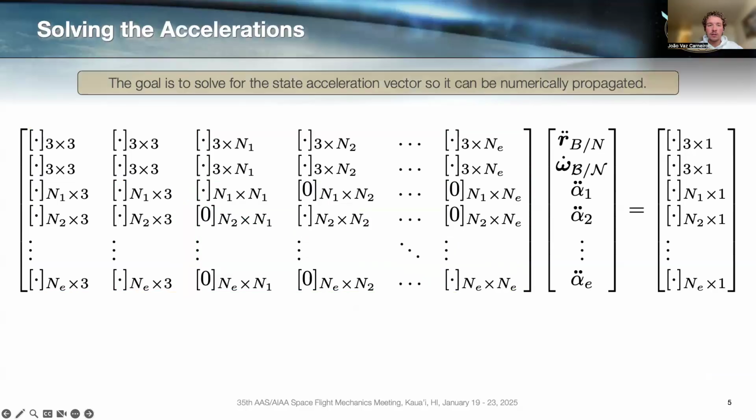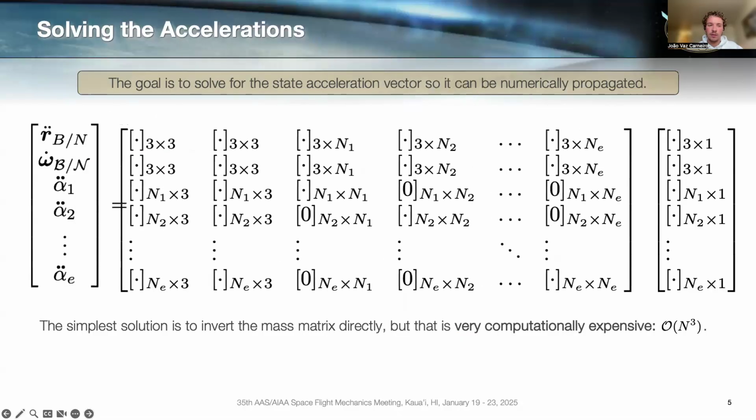And why do we care about this? Well, we care because our ultimate goal is to solve for the state acceleration vector. Because once we have a solution to r double dot bn, omega dot bn, and all the alpha double dots, we can plug those solutions into a numerical integrator, propagate them, and then we get a time history for the system states. Now, the simplest and most straightforward way to do this is to just invert the system mass matrix.